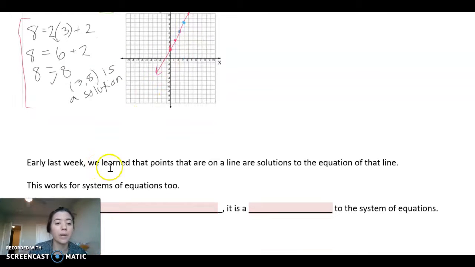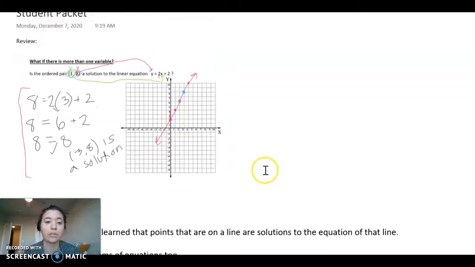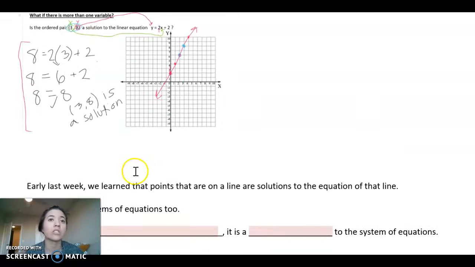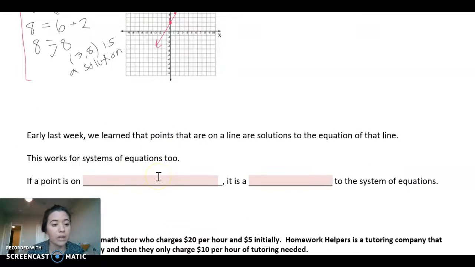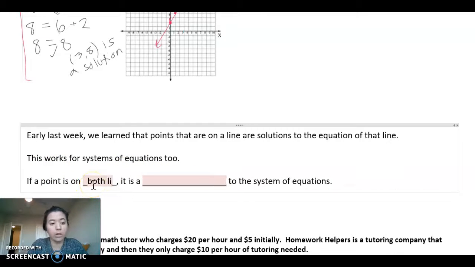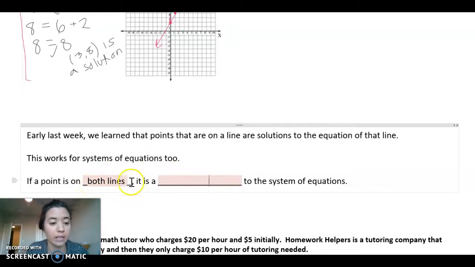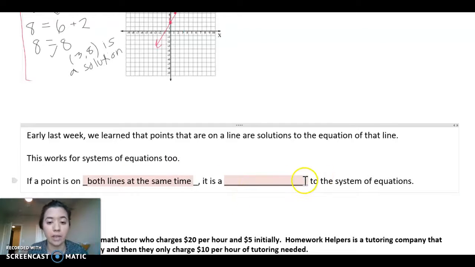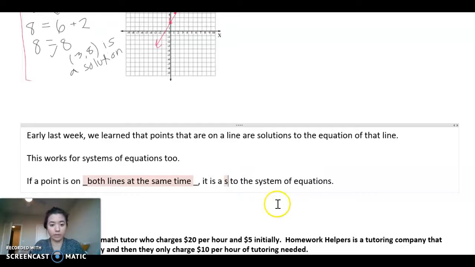So early last week we learned that points that are on a line are solutions to that equation. Now this works for a system of equations too. Remember, a system of equations is just when we have two equations with the same variables. If a point is on both lines at the same time, it is a solution to the system of equations.